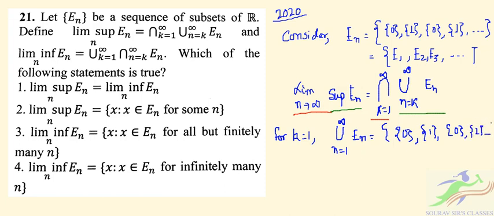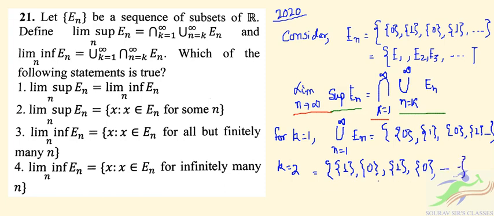Okay, if we put k equal to 2, we'll replace the first one, we'll start with 1, 0, and go like this. For k equal to 3, it will start from this 0, so 0, 1, 0, 1, it will go like this.